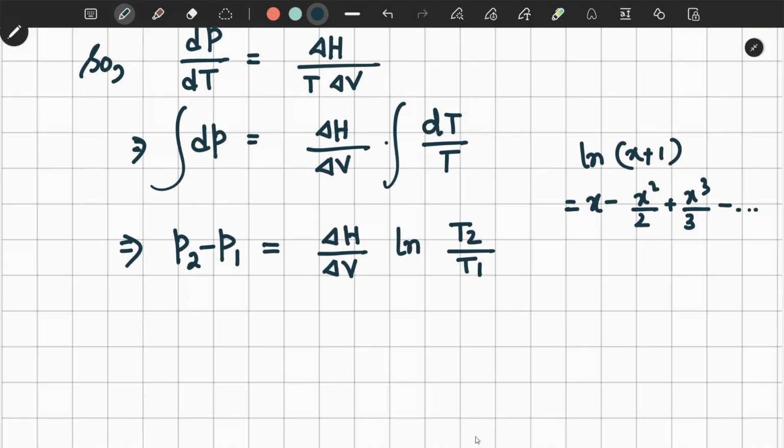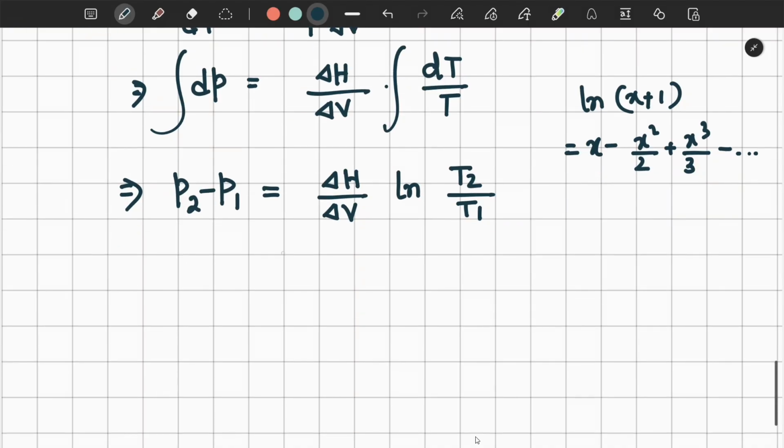But now if you write it for ln x, let's say I am writing T1 plus delta T. You can write this as delta P as well, because we have already integrated it.